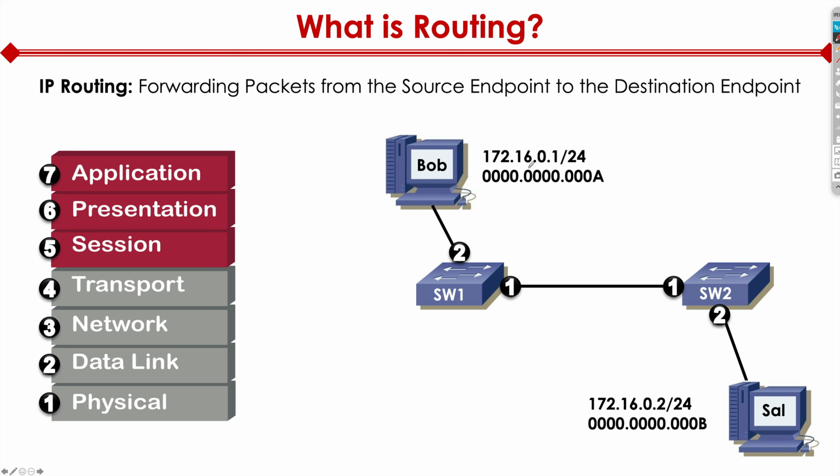So Bob's IP is 172.16.0.1 and it wants to communicate with 172.16.0.2. Well, what did we learn? What we need to do first is look at the source IP and run a binary AND against it. So let me do some quick whiteboarding.